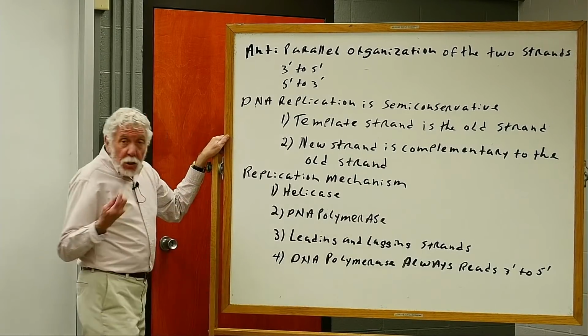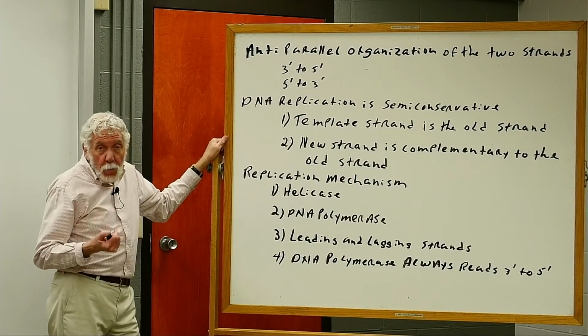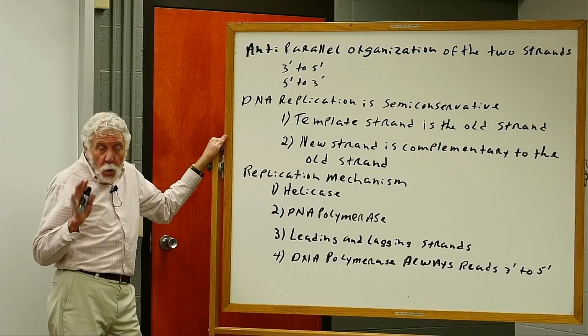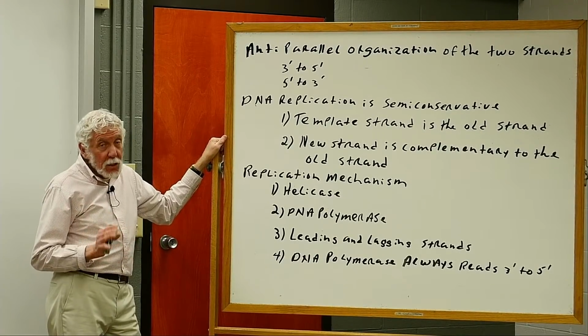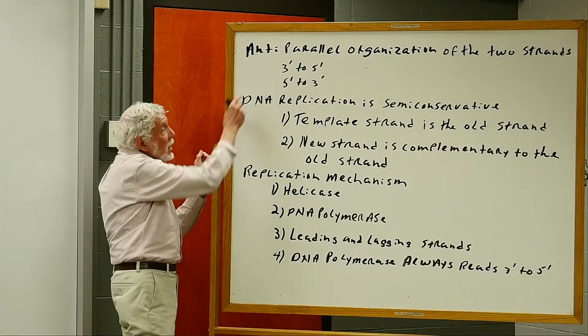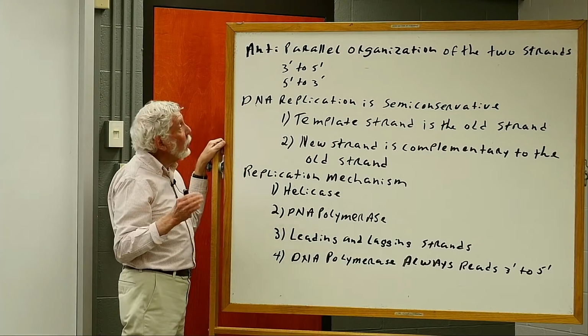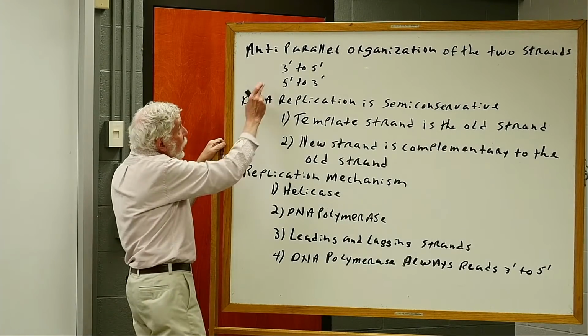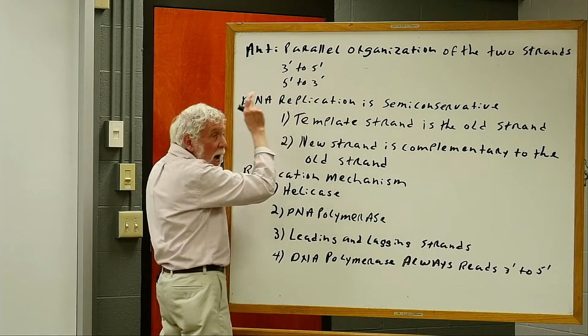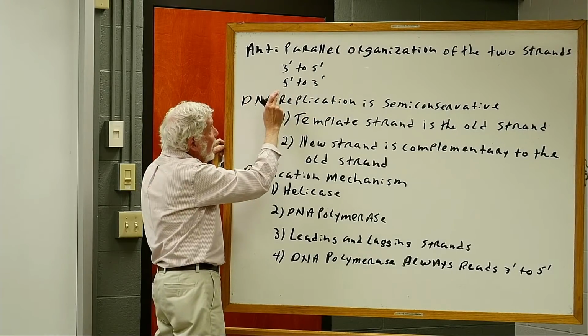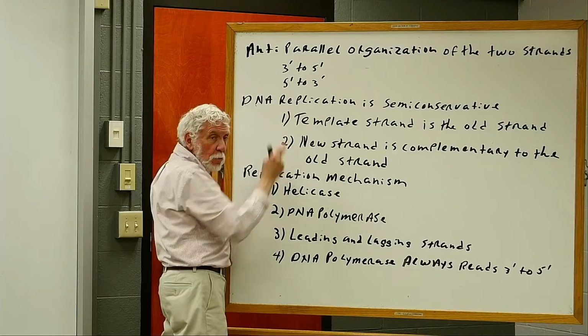One of the other characteristics of DNA that I'll try to draw on the board, and I can only do this in 2 dimensions, and even then I'm a little taxed. And what we'll see is there's a particular orientation of the two strands. One is oriented 3' to 5', and the other strand is oriented in the opposite direction, 5' to 3'.